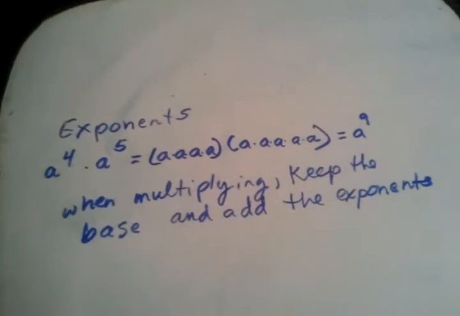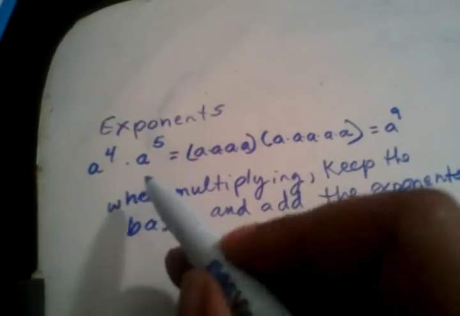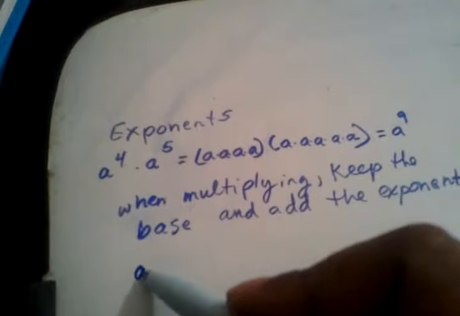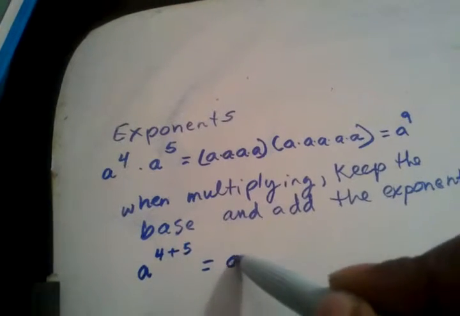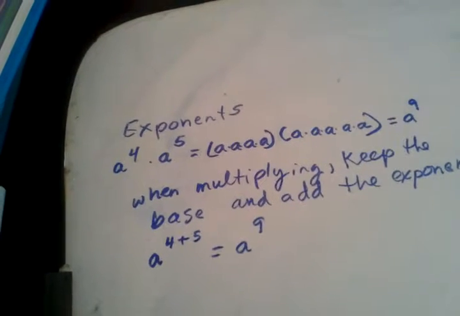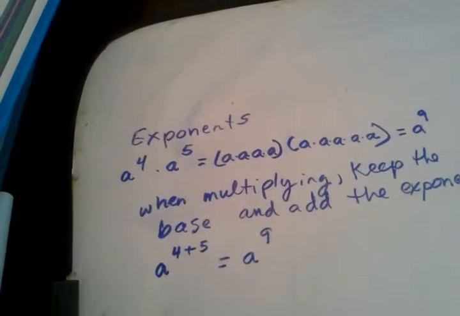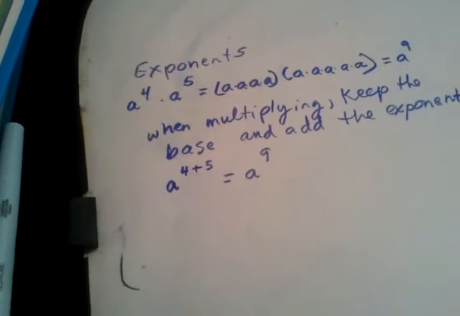Just want to make sure we remember that. So here's the rule. The base is the same, so it'll be a to the 4 plus 5 power. So that's going to be equal to a to the 9th. That works for any integers that have the same base and any letters that have the same base.